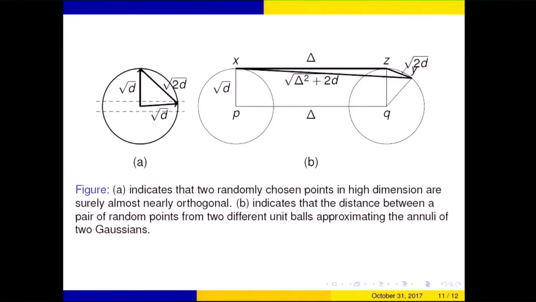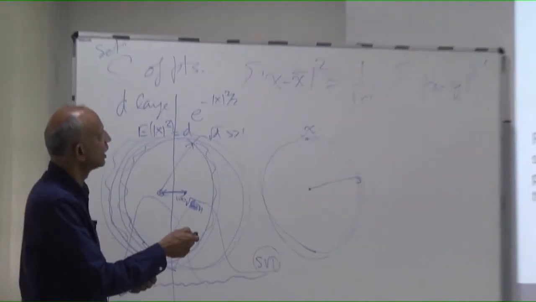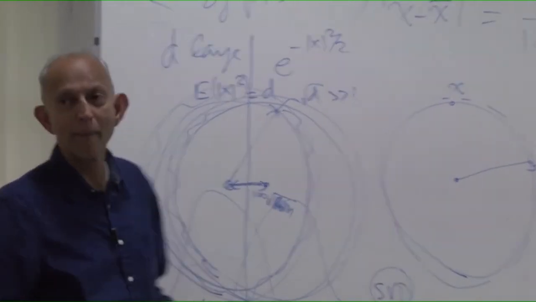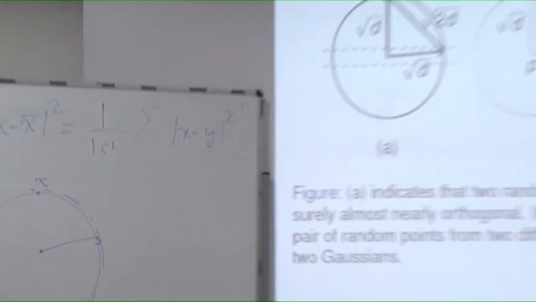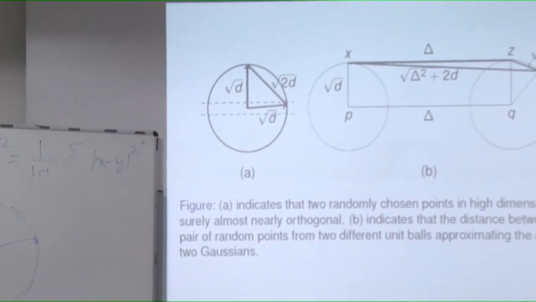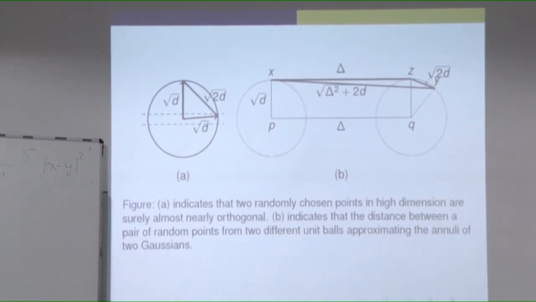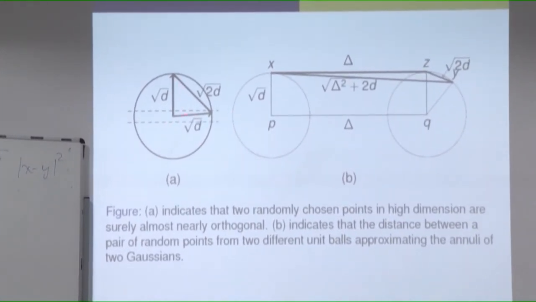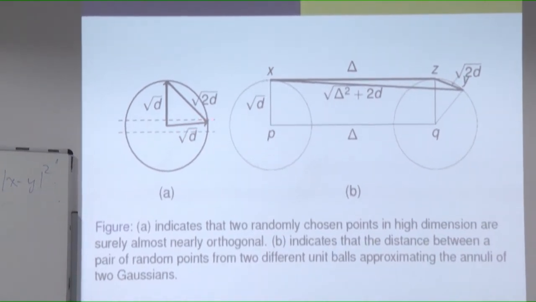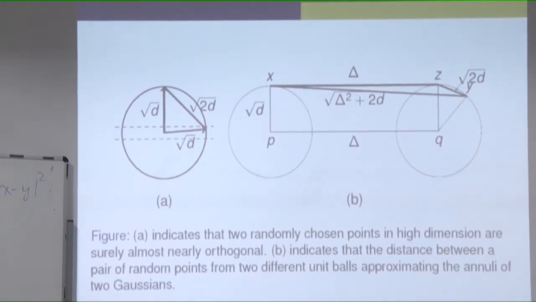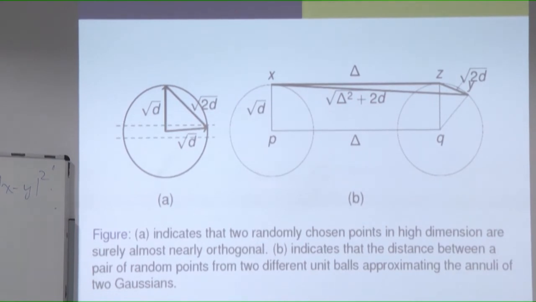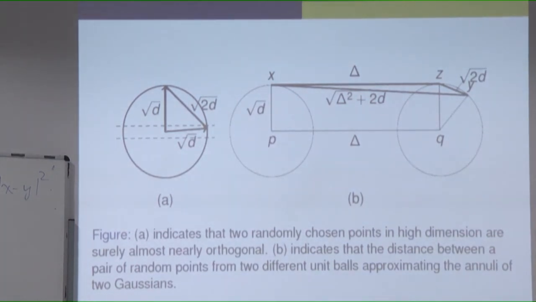We proved a theorem to that effect, right? The theorem we proved is sort of this picture, and this picture says this vector and this vector are almost orthogonal. And that's because what? This vector... so what is the name of that theorem?